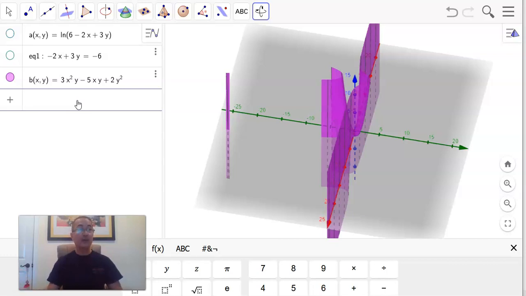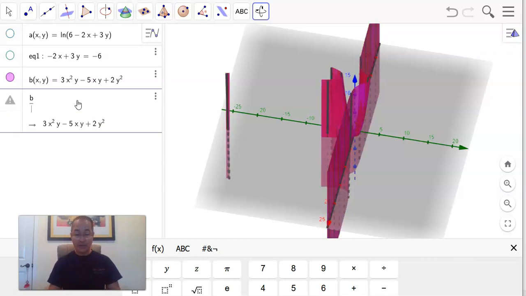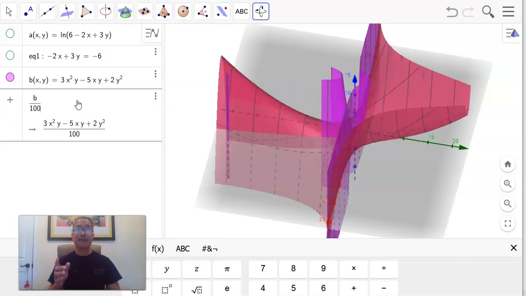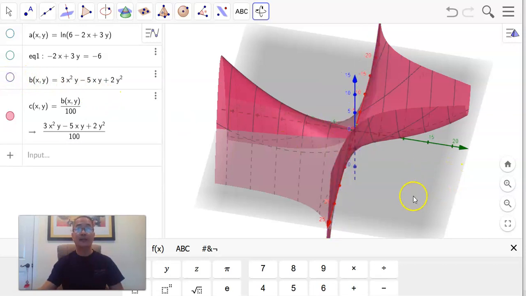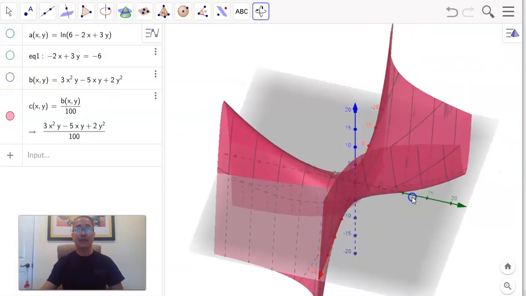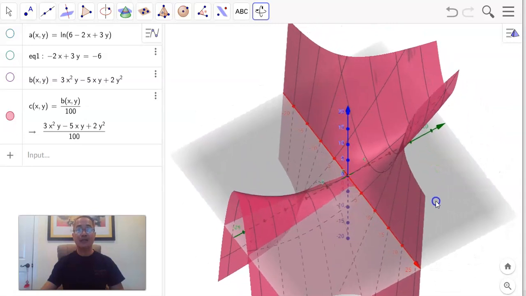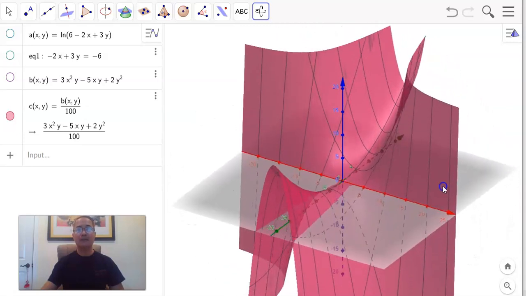So let's say you have b divided by 100. GeoGebra knows who b is, so this will be what you get when you divide b by 100. And there's our graph. Now let's hide the original function. There you go. Now it looks like it's more in one piece.